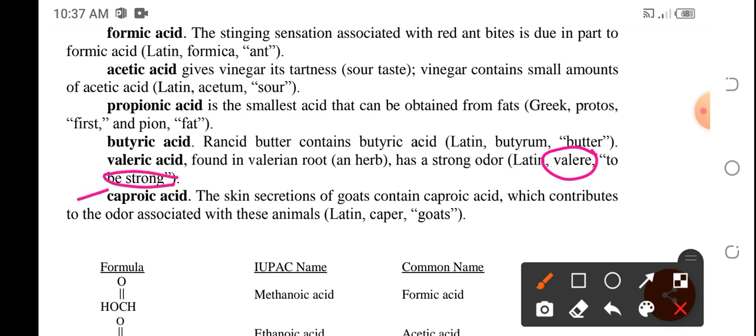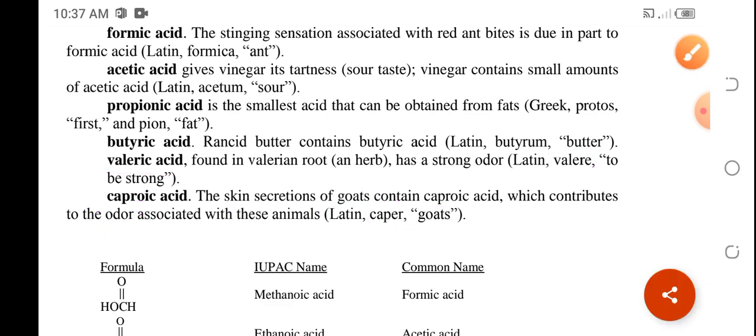And caproic acid is found in the skin secretions of goats. So this also contributes to the odor of animals, specifically goats. The name came from the Latin word caper, which means goat. Capre.